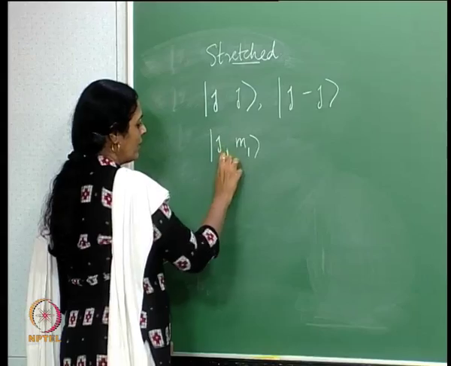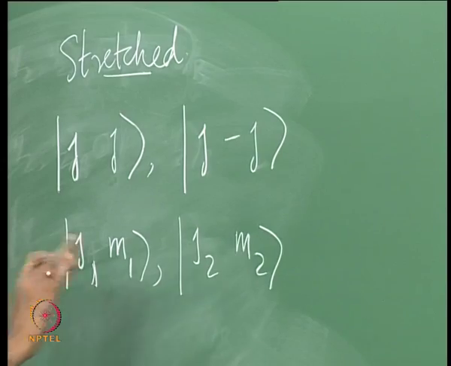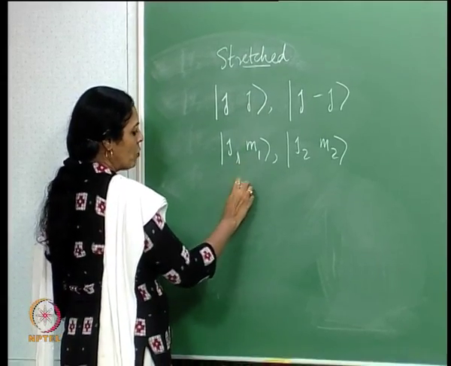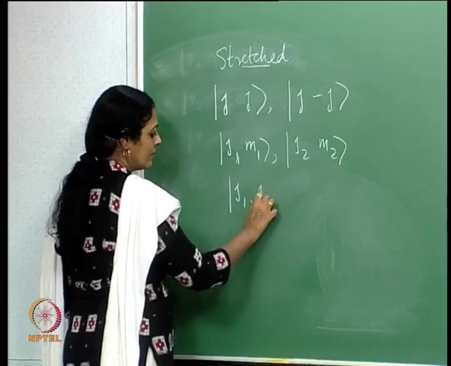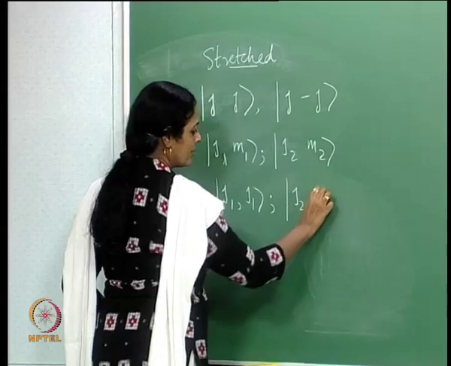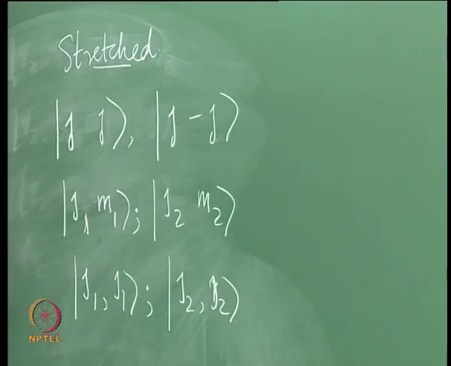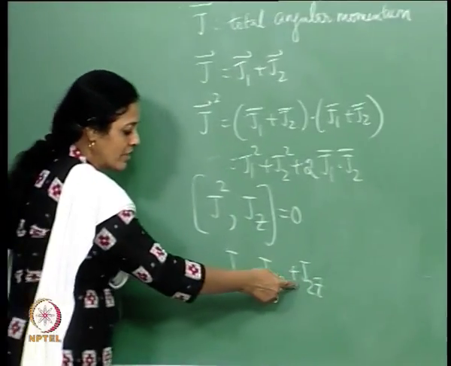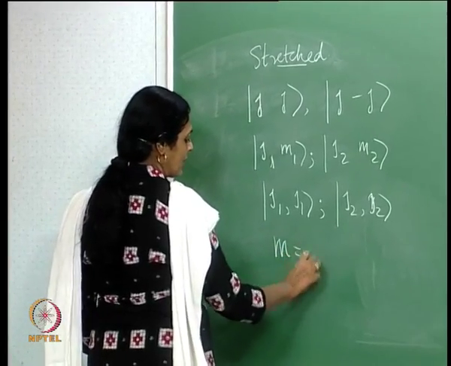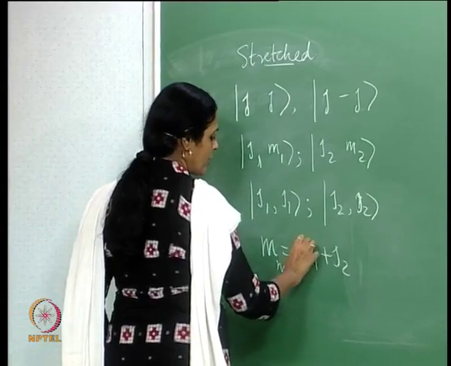where I have j1 m1 and j2 m2 as the uncoupled basis states, the maximum value that m1 can take is j1, and the maximum value that m2 can take is j2. And since jz is j1z plus j2z, the maximum value that m can take is j1 plus j2.